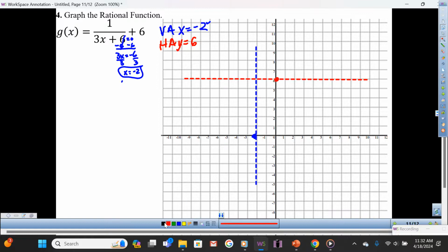So step 1's done. We need a table. X, G of x. Once again, remind your neighbor how to get the domain or the x values and write them in there.